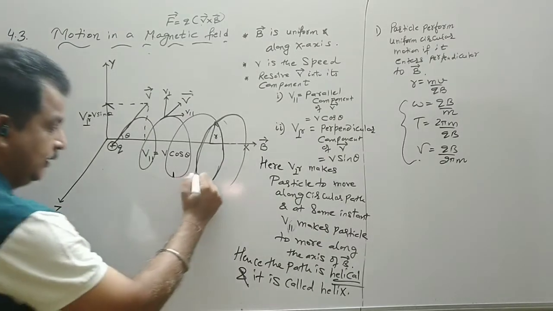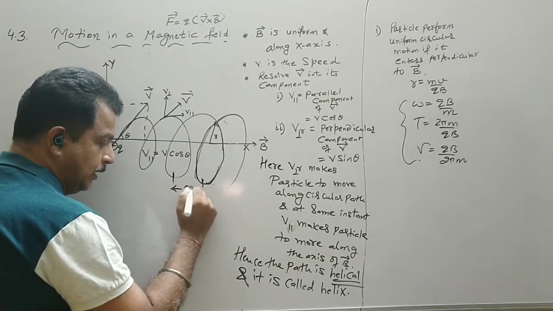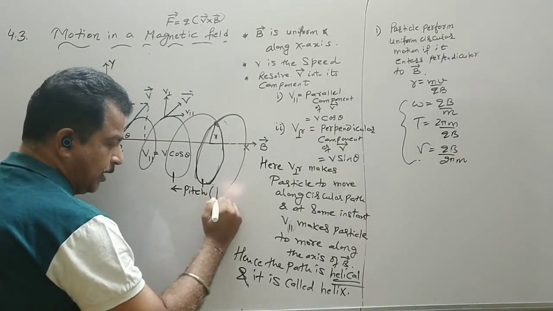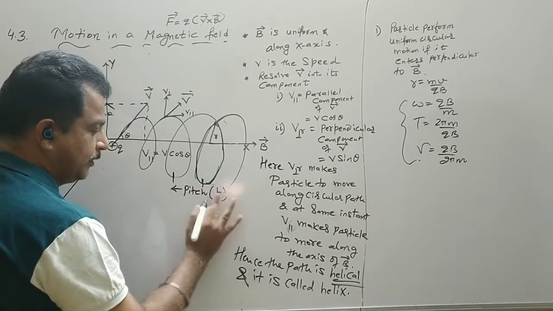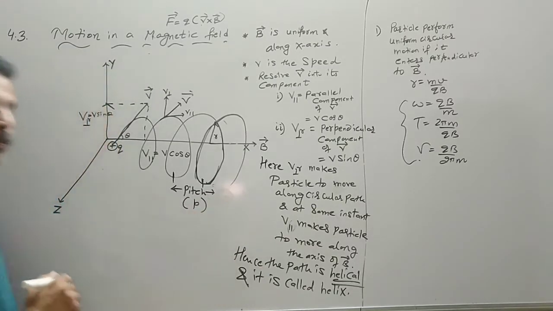This is called pitch, generally denoted by small p. This is the linear distance moved by a particle after one complete rotation.